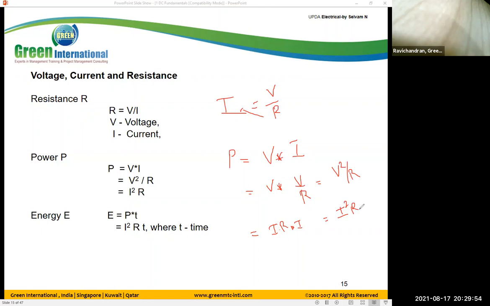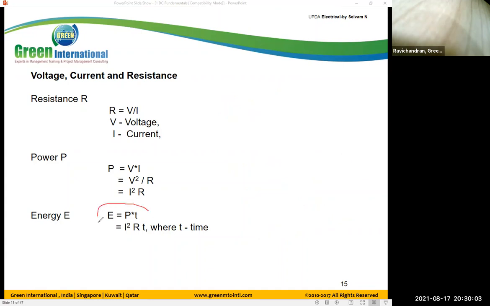So kW, power, into time gives the energy. Sometimes we have a direct question using this formula.